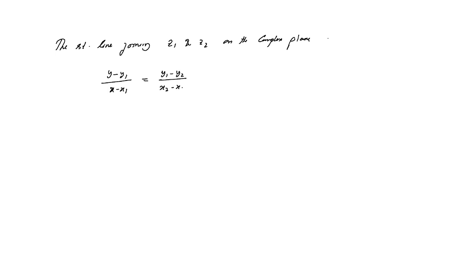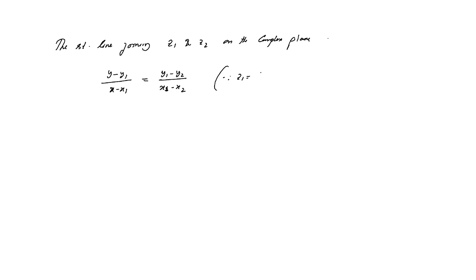Now if we think about the straight line joining the points Z1 and Z2 on the complex plane, that will be (y minus y1) by (x minus x1) equals (y1 minus y2) by (x1 minus x2).